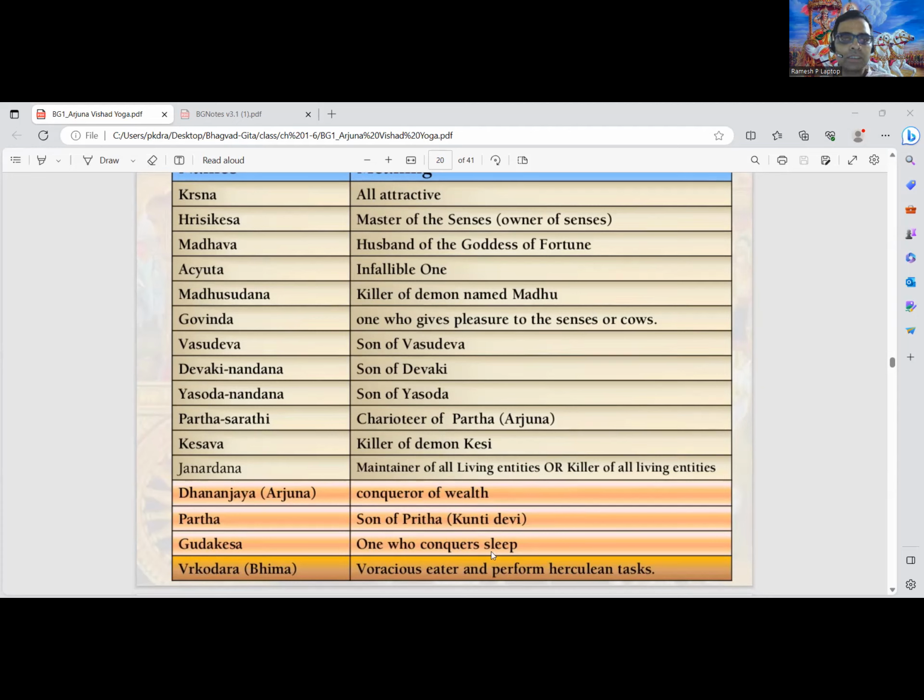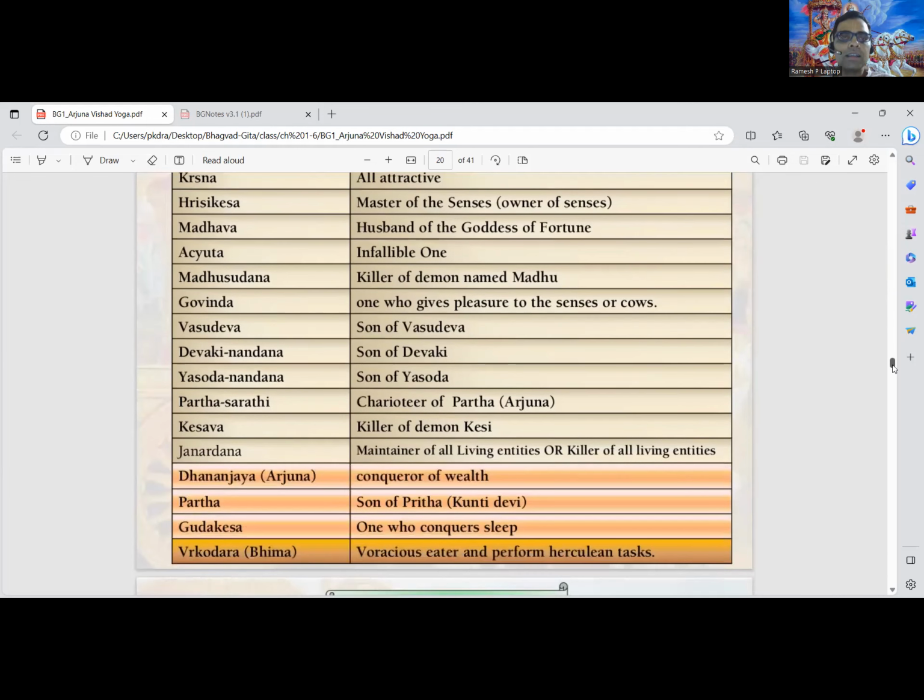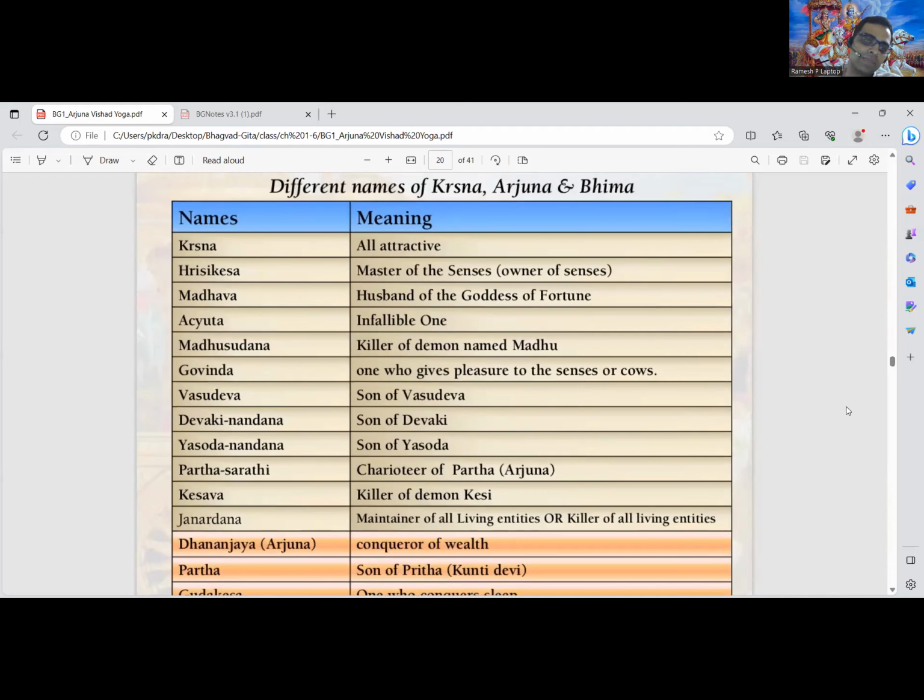Out of these names, do we know which is very dear to Krishna? Any guesses? Partha. Okay. Any other guesses? Govinda. Okay. Madhusudana.